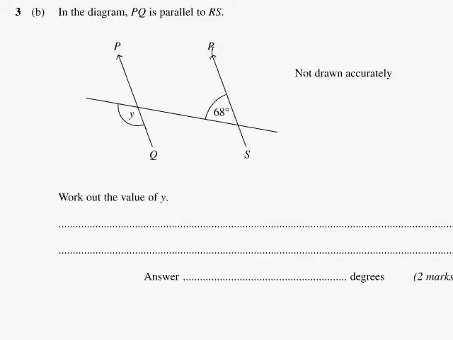This straight line RS has two angles on this side. One part is 68 and the other part is here, and that will bring you back to the straight line. So you know that 68 plus this angle will add up to 180 degrees.